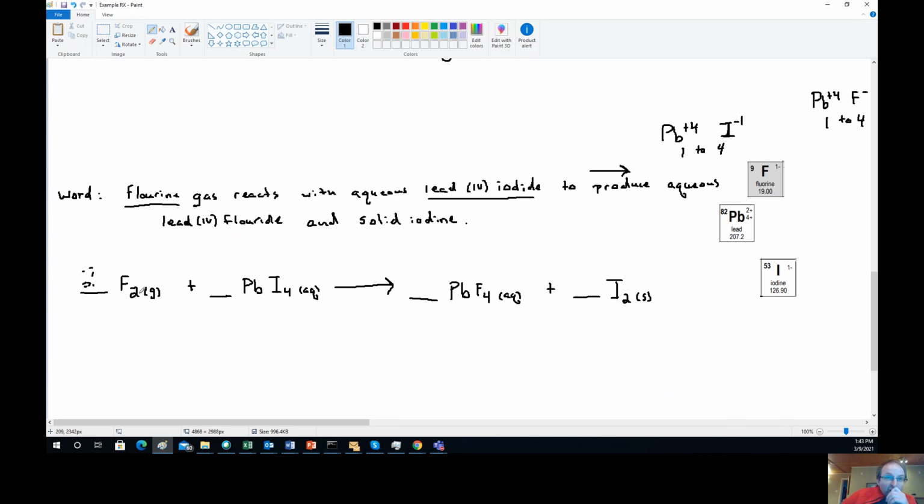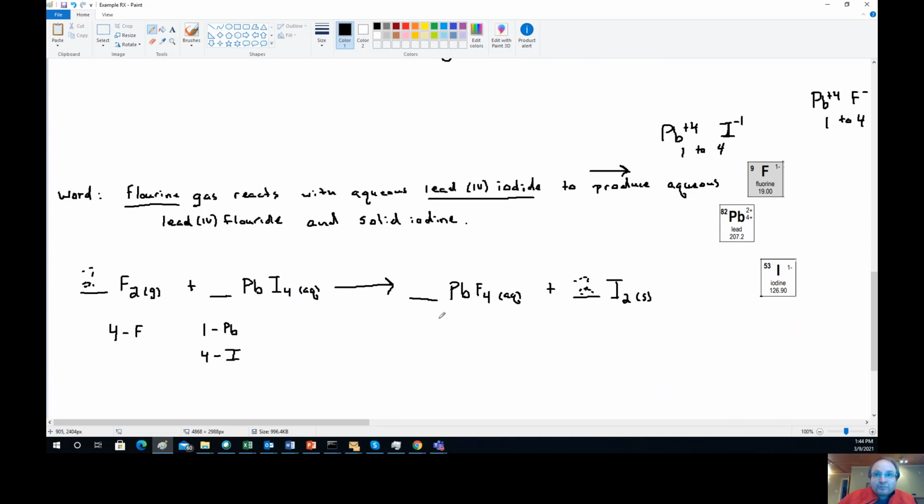Okay, I got 4 fluorines. That's pretty good. What about the iodine? Oh yeah, I just put 2 here. Okay, I'll get 2 iodines. I think we're good. I think we go 2, 1, 2, 1, 1, 2. Let's just double check. 2 times 2, so it's going to be 4 fluorines here, 1 lead, and 4 iodines.